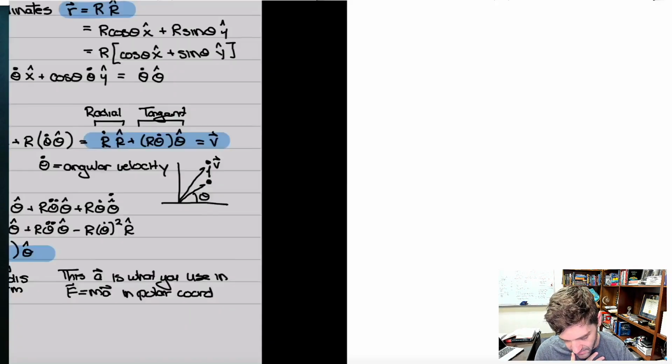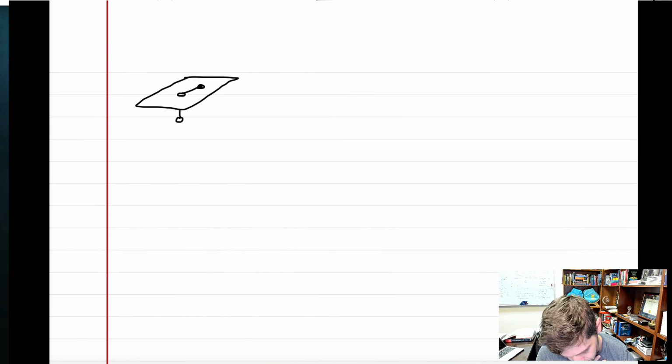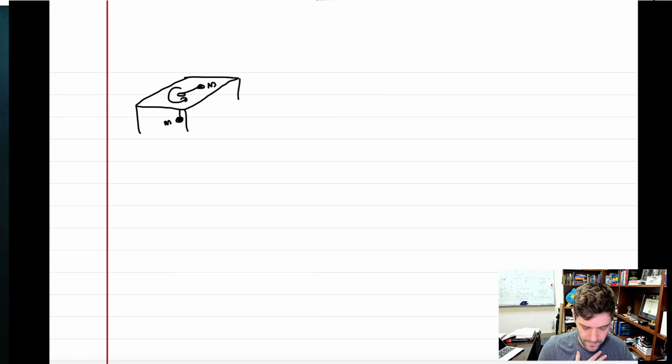Let's go back to our problem now and see how things might simplify for our bob on the spinning table. So again, two masses m, this thing is spinning, and I don't want the thing to rise up or down at all.